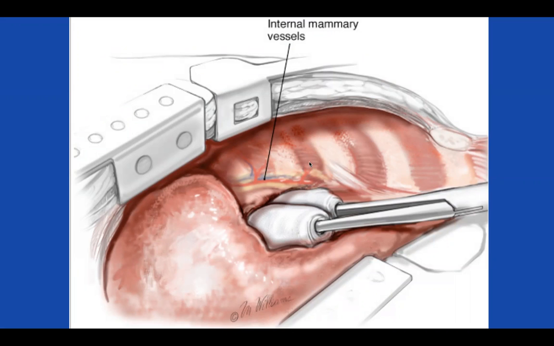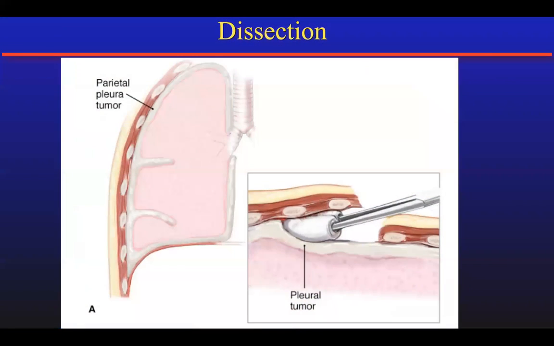It was a little bit thickened, but it was somewhat normal parietal pleura. It should be like an onion shell normally, but it becomes 1 centimeter thick if there is a tumor. So we do this kind of dissection, as you see here.